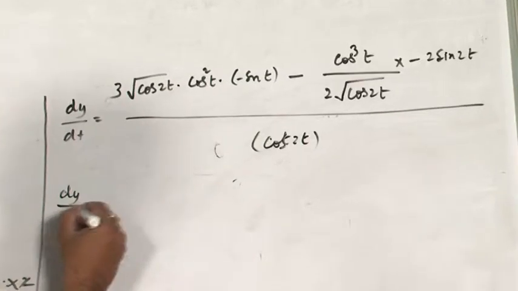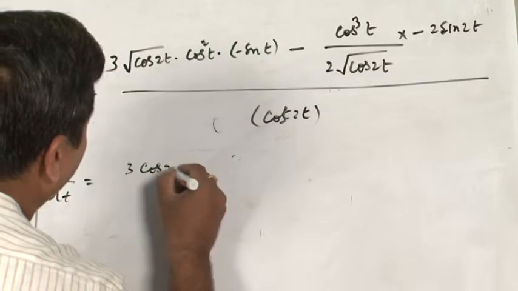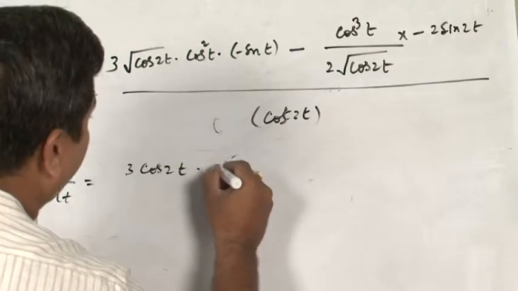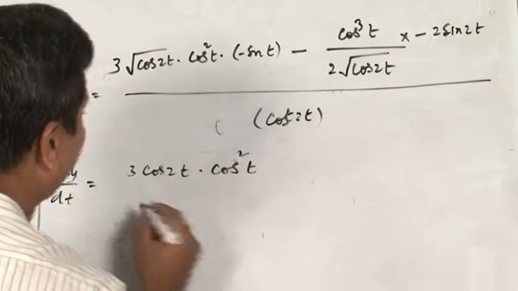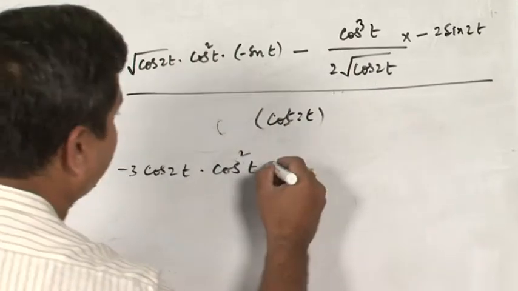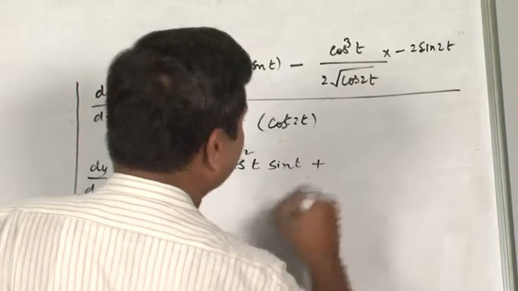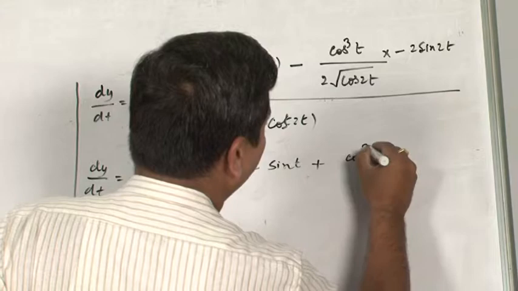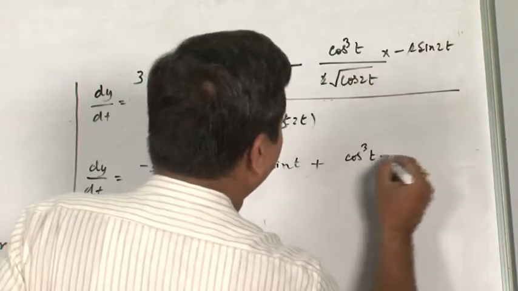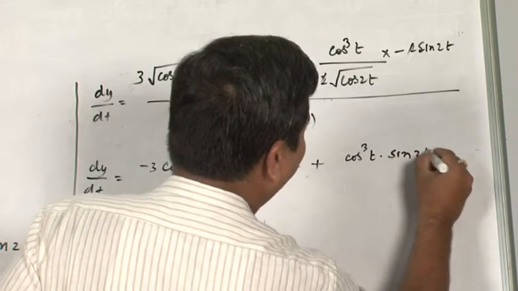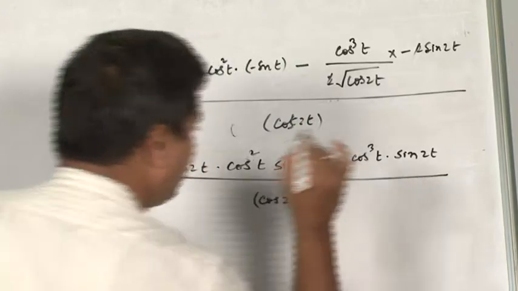That is, dy by dt is equal to 3 cos 2t into cos square t with negative sign standing outside into sin t, minus of minus plus cos cube t into sin 2t, as the 2 and 2 cancel, upon cos 2t to the power of 3 by 2.